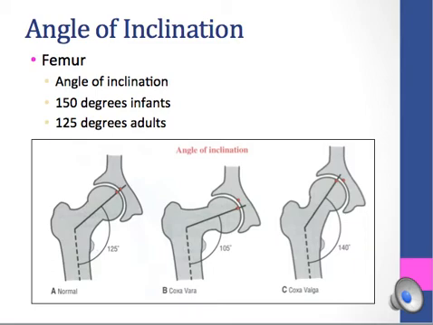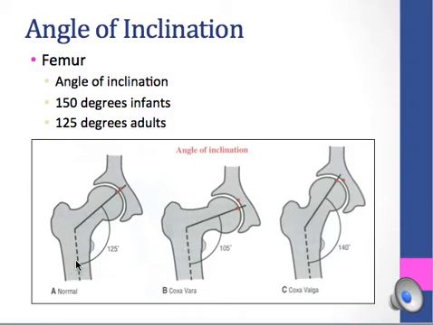For me, I always understand it as that relationship between the femoral neck and the acetabulum. How much bend is in that? Is it a sharp angle? Is it a 90-degree angle? Normal, if we're talking about into adulthood, is about 125 degrees.